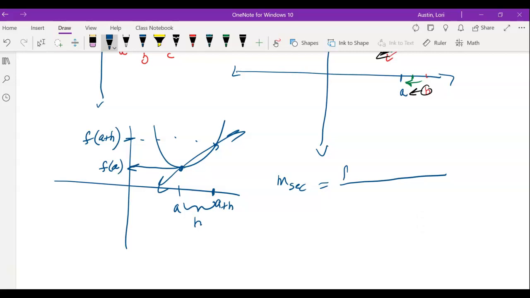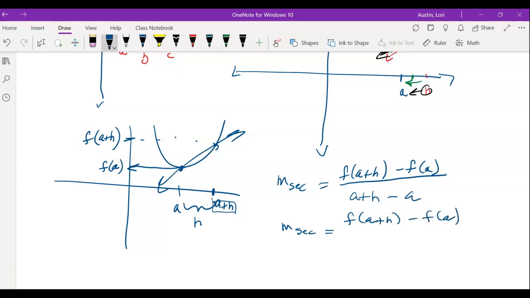F of a plus h, everybody say it? Minus, because change in y, minus what? f of a. Over, well, what's this point here? Well, we can clean this up a little bit, can't we? So the slope of the secant line is f of whatever a plus h is minus f of whatever a is, whatever point we're picking to do this on, over h, correct? All right.